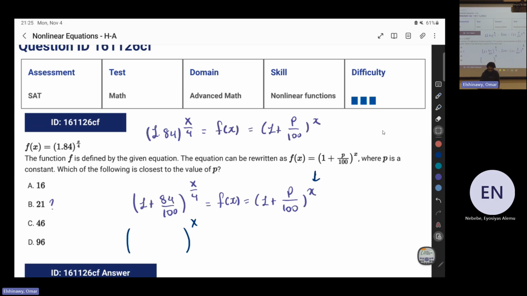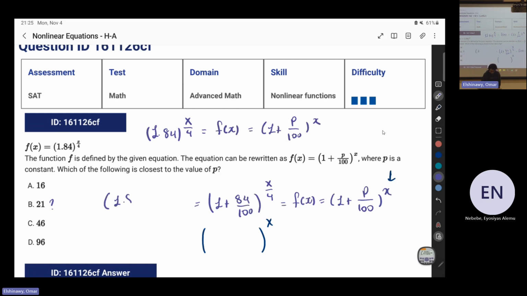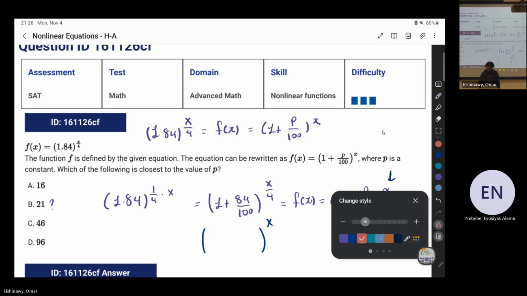The idea that was suggested by your colleague Ali is the following. We write 1.84 to the x divided by 4. This is just 1.84 to the 1 over 4 times x. Why? It's just x over 4 is equal to 1 over 4 times x. It's the same thing.